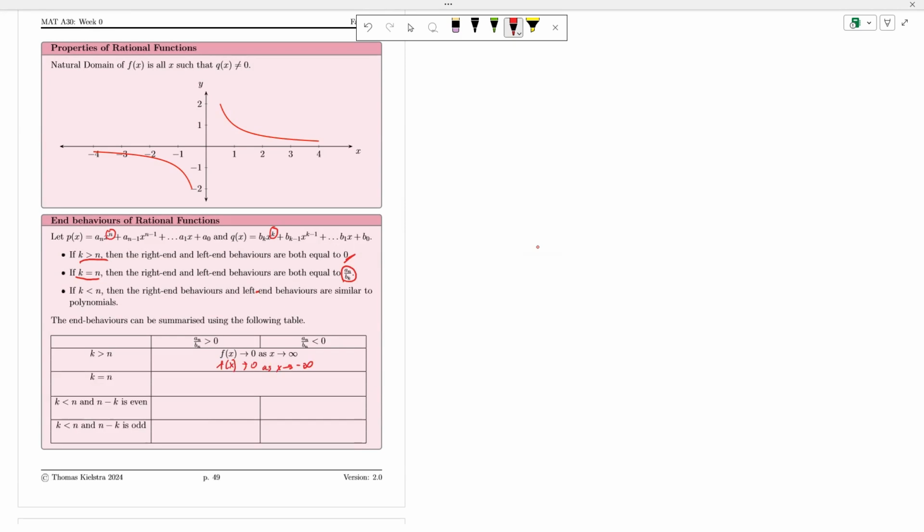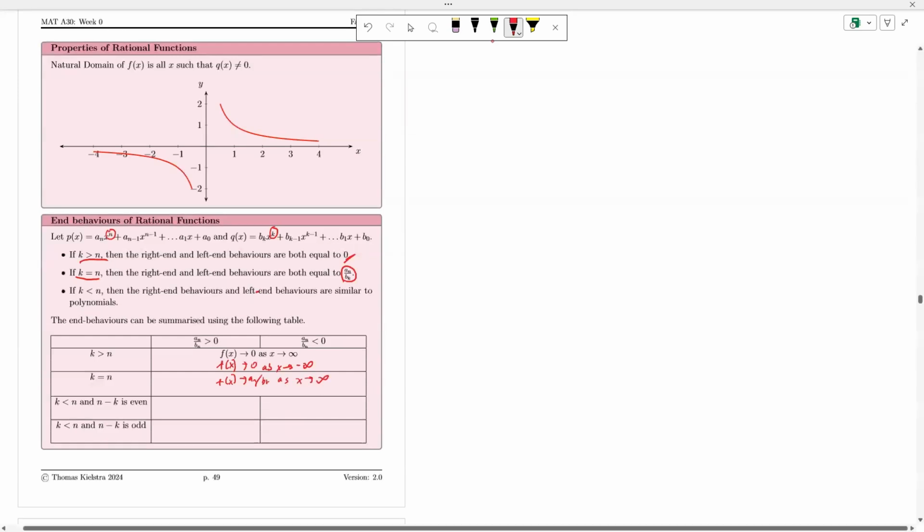Now, when k equals n, f of x approaches an over bn as x approaches infinity, and f of x approaches an over bn as x approaches minus infinity.